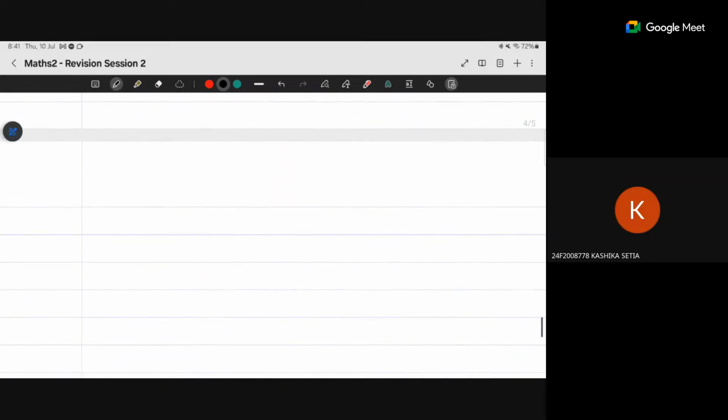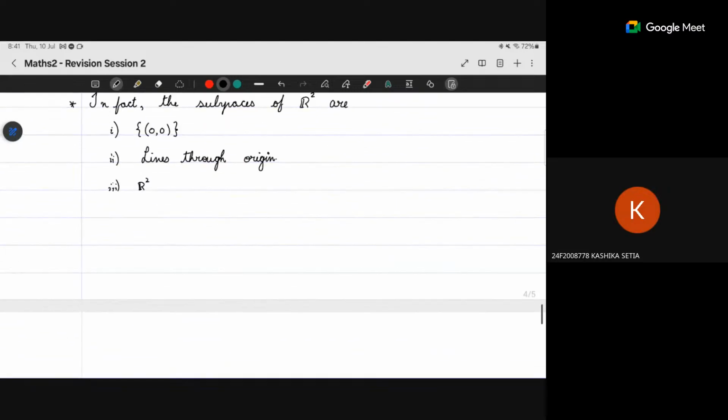Okay, so that's subspaces. And maybe one more comment: the solutions to AX = 0, where A is an m cross n matrix, form a subspace of Rn.